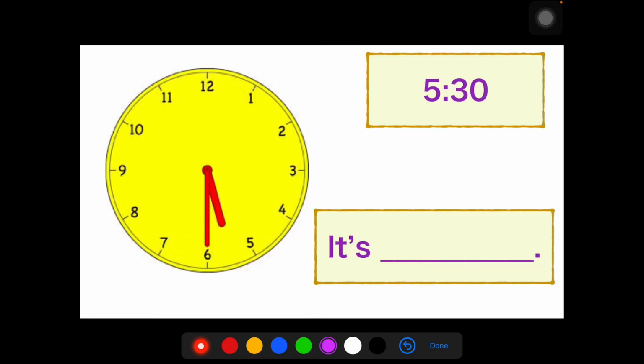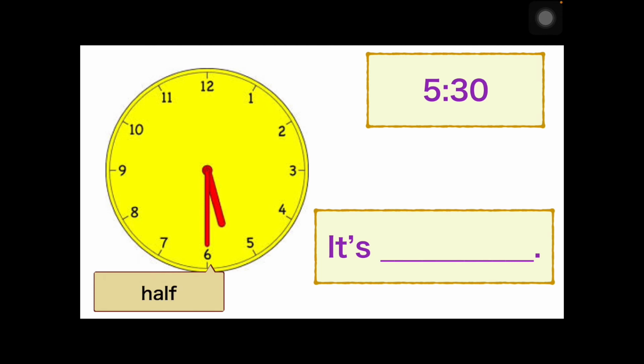So now let's move to the next part. What if the long indicator is pointing at number 6? Normally number 6 is 30 minutes. So the time now is 5:30. How can we tell the time? Again, this one. Half. We call it half.